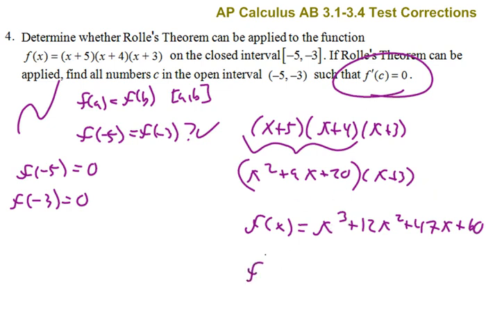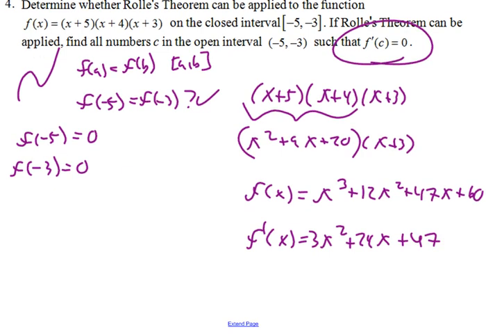So let's first find the derivative. It's 3x squared plus 24x plus 47. Okay, there we go. Now let's set it equal to 0: 3x squared plus 24x plus 47 equals 0.